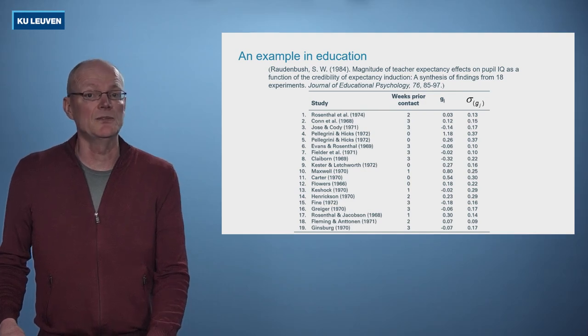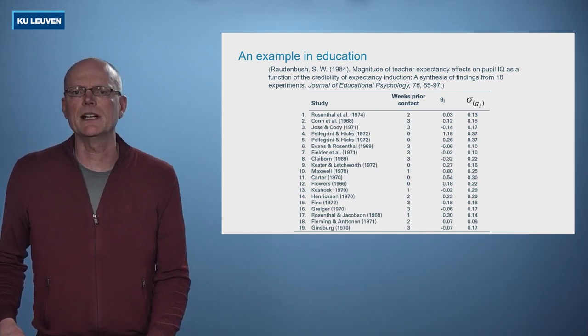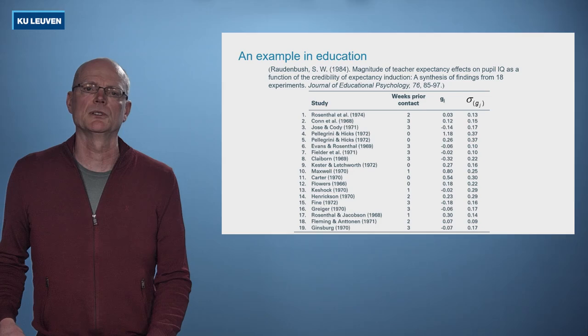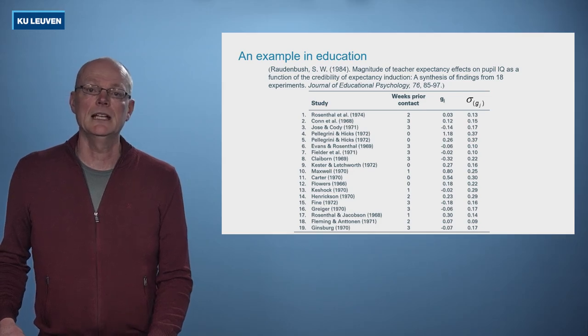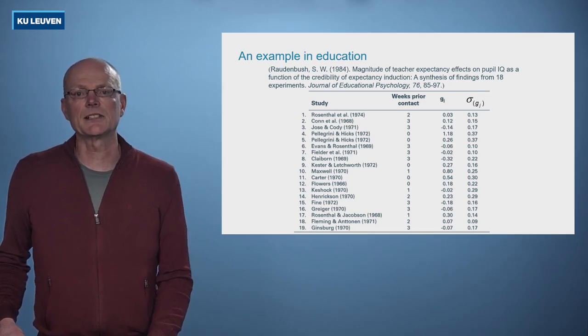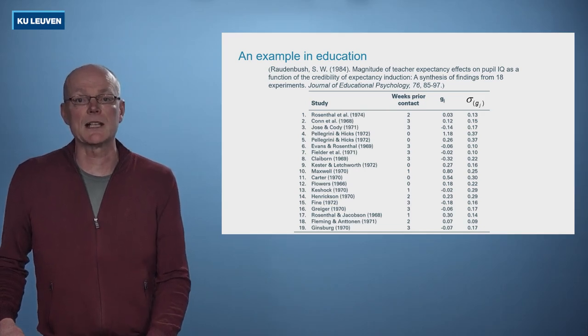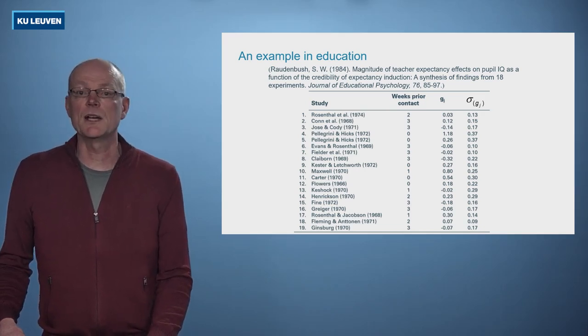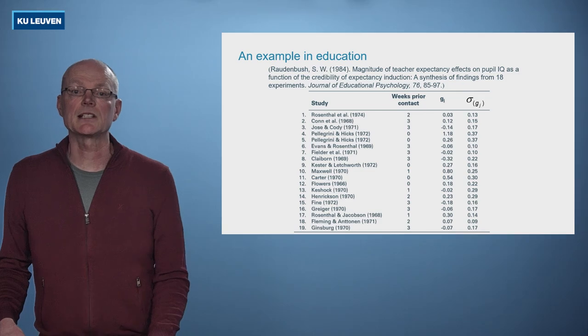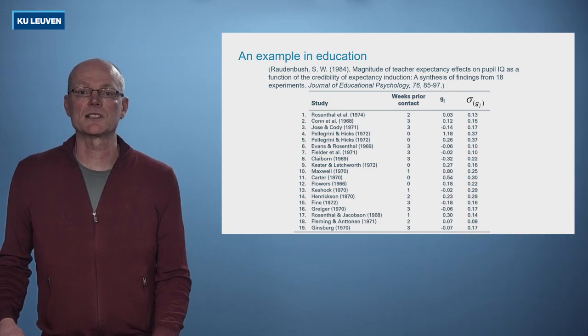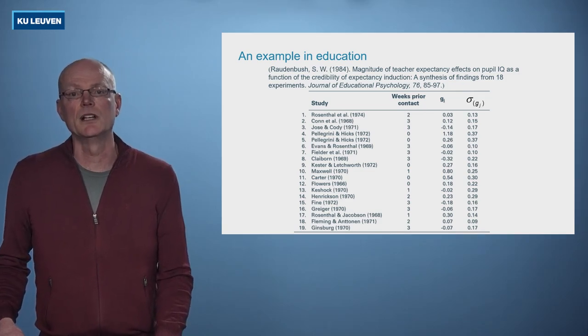Very often, the effect sizes that were observed were even smaller than 0.20. In the last column, you can see the standard error of these estimates, in other words, the square root of the sampling variance. We have seen that for the standardized mean difference, this variance of the sampling distribution is about 4 divided by n.